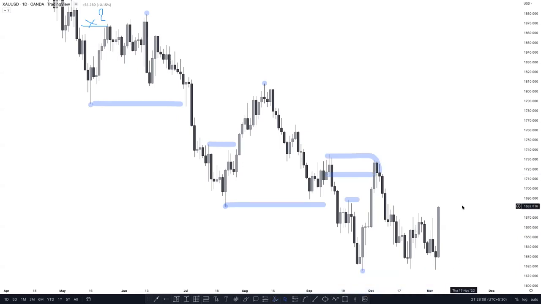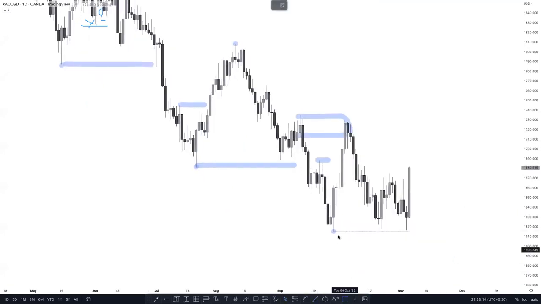So this one is not confirmed, the structure is here, and this is our lower low, and market creates this type of liquidity here, which is called SNR liquidity, support and resistance liquidity. So very highly chances market can push downside to take out this low before continuing higher, right?